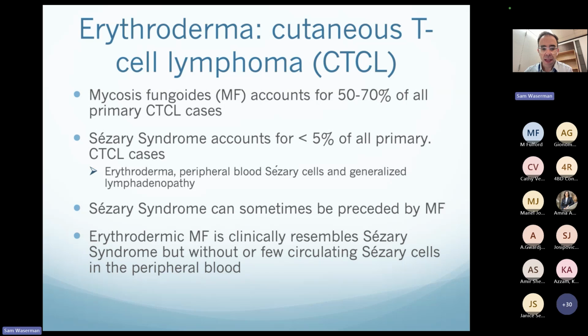And Sézary syndrome is characterized by erythroderma, peripheral blood Sézary cells, and generalized lymphadenopathy. Sézary syndrome can sometimes be preceded by MF, other times not. And they actually clinically are nearly identical, but erythrodermic MF has very few or no circulating Sézary cells in the peripheral blood, and I'll talk about the classification very shortly.